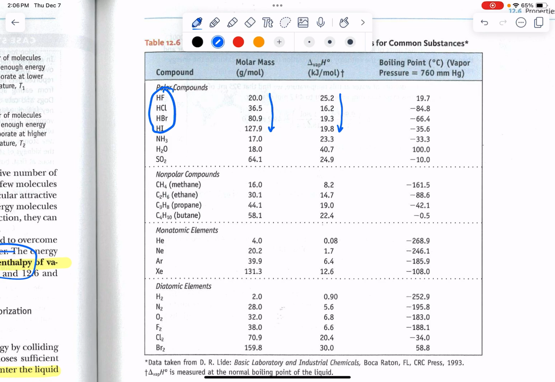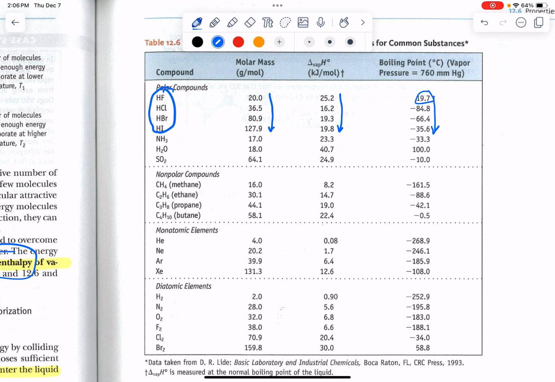Part of that, of course, is because the polarity of these molecules is getting weaker and weaker. Hydrogen fluoride is going to be much more polar than hydrogen iodide because the iodine's electrons are much farther away from the nucleus than before. And you can also see your boiling points here change as well, from very high for hydrogen fluoride to even positive, and then it goes negative again.